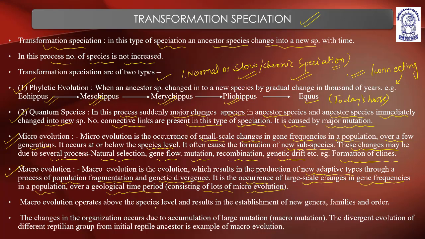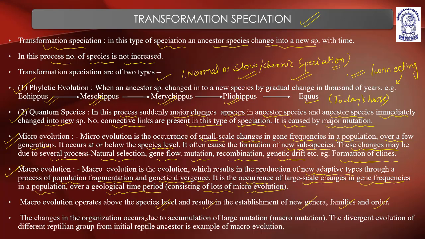Macroevolution operates above the species level, never below. So it cannot form a new subspecies, and results in the establishment of new genera, families, and orders. That is why if a subspecies is forming, it is because of microevolution, and if it is the formation of new genera, closely related species, or the formation of families or orders, then it is macroevolution.